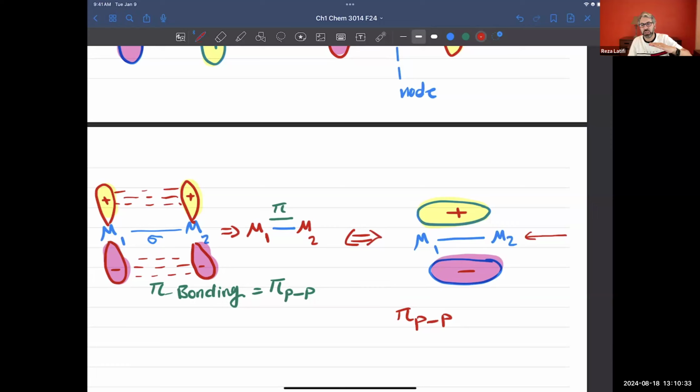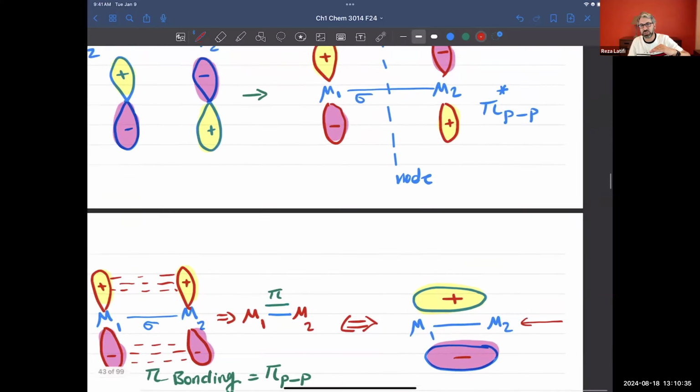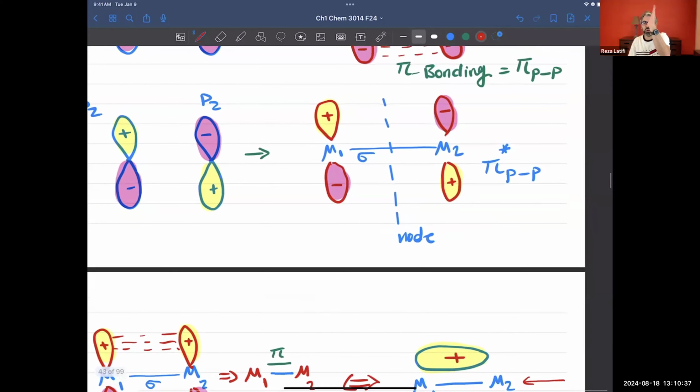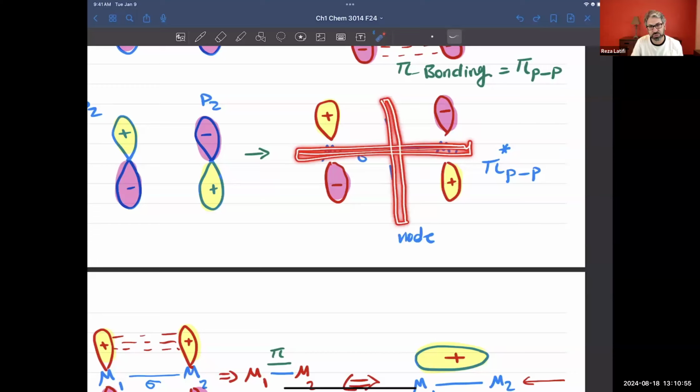But if I look at the sigma star, I see two nodes. One is perpendicular, and the second node will be here. The positive is turning to negative. So one node will be here, and the second node will be in this position. So pi star has two nodes. Pi bonding has only one node.